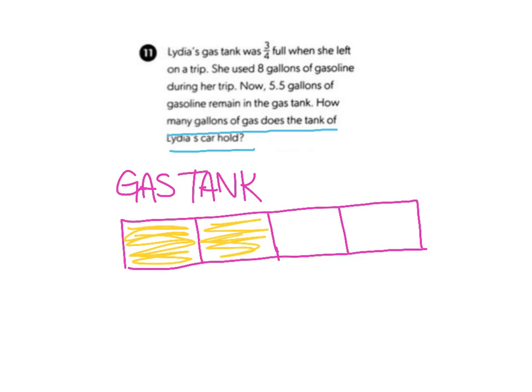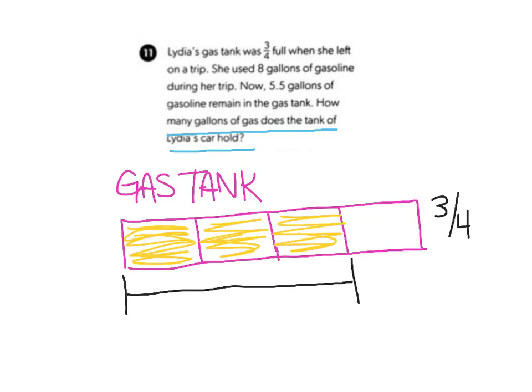So these pieces would represent how much gas she has at the beginning of her trip, 3/4 of the way full. And it said during her trip, she used 8 gallons, plus now she still has 5.5 gallons of gasoline left. If you add those two together, that's 13.5. So 3/4 of the tank takes up 13.5 gallons.